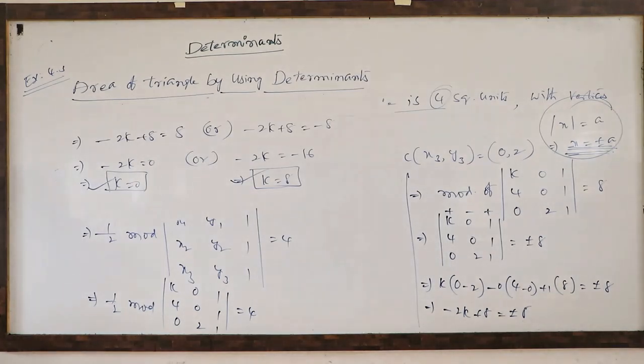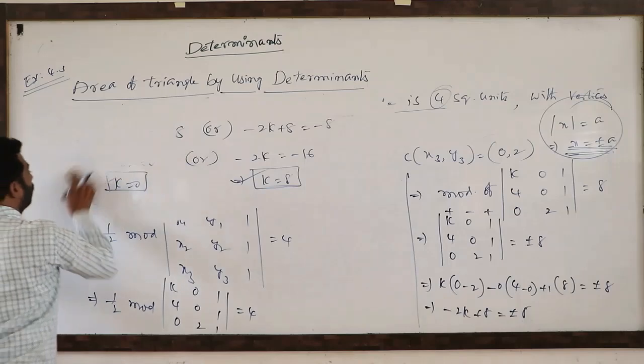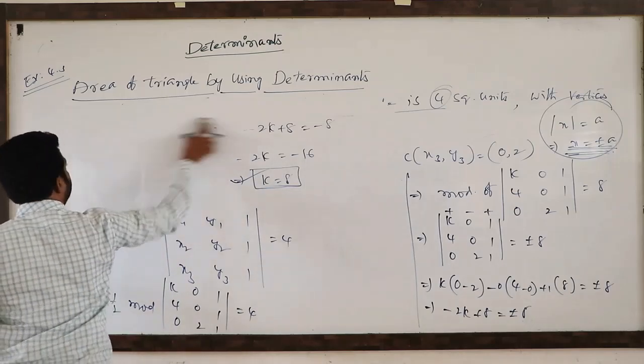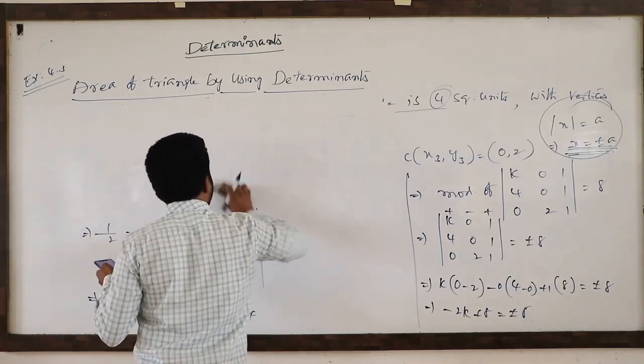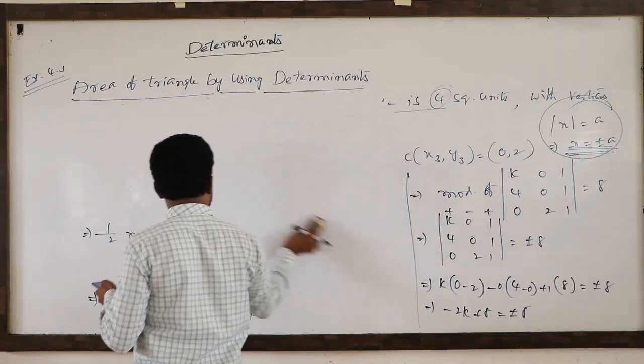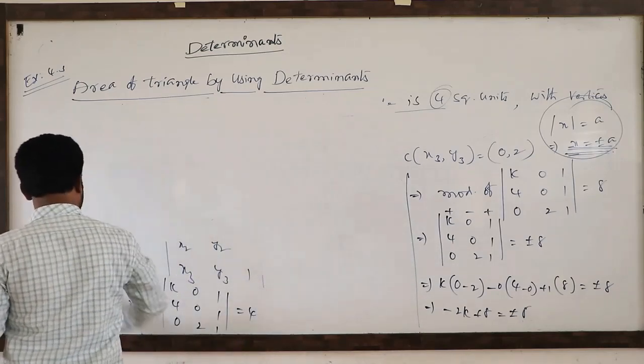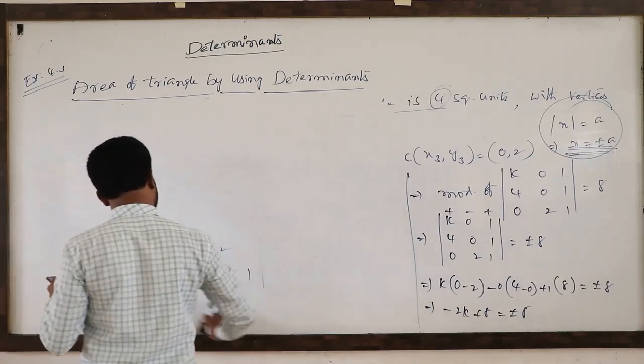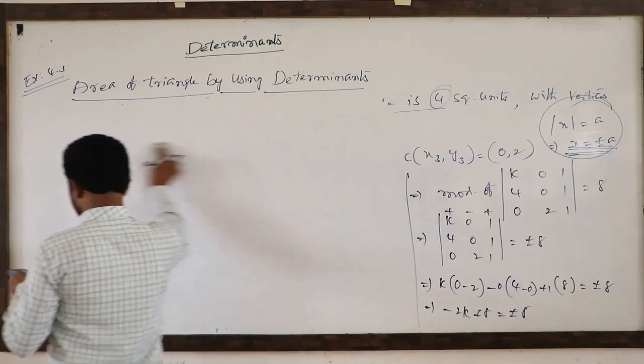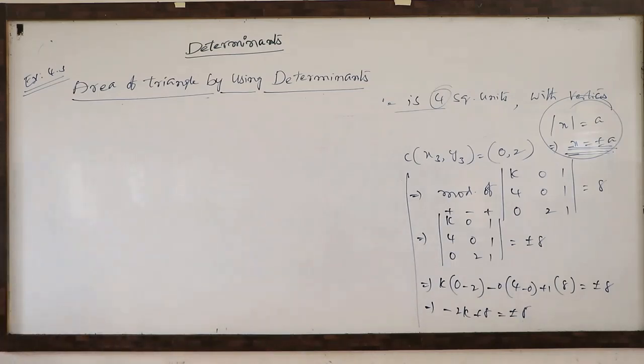Then what about the fourth one? In the third question, there are another two problems, only one problem is there that you have to practice yourselves. What that problem is, I will also give. Same procedure you have to follow. So that question also note down.